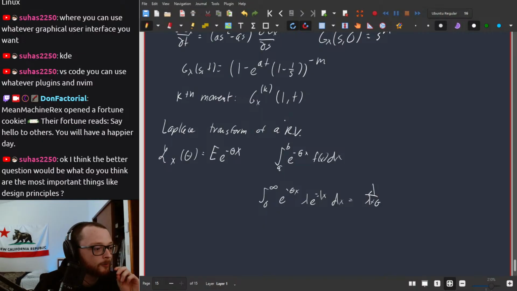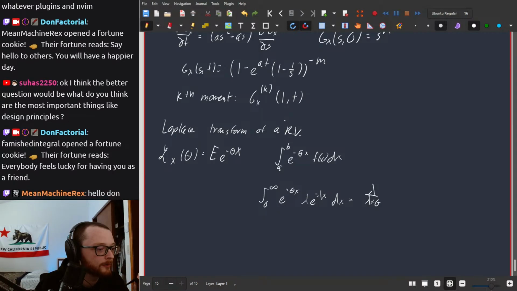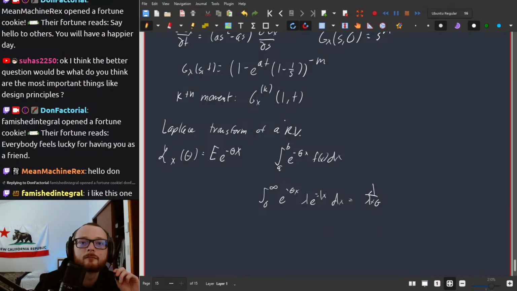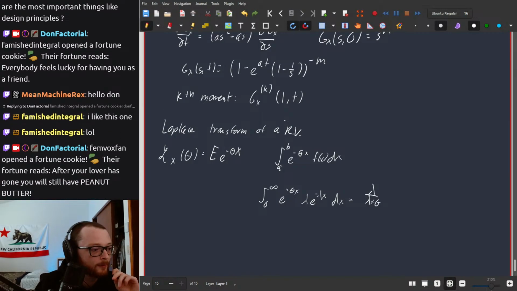Good example is Linux. You can use whatever graphical user interface you want, KDE, VS Code. You can use whatever plugins and all that. Better question would be, what do you think are the most important design principles? I guess function and convenience are the two big things that there's usually a trade-off.